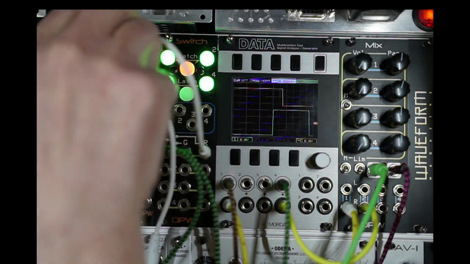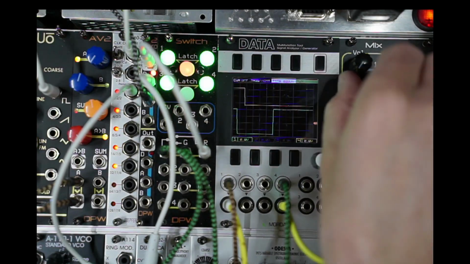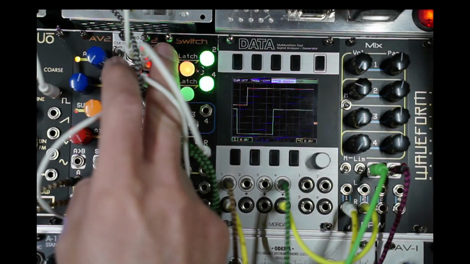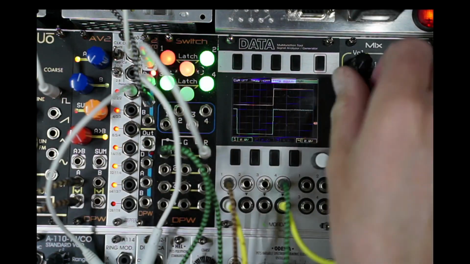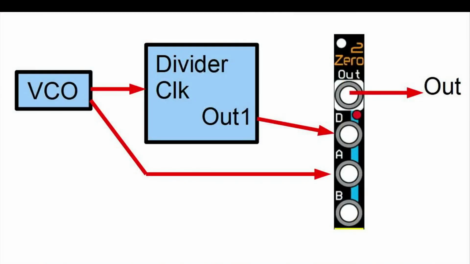Well, first of all, I'll just invert things so it looks better. I'll show you how connected it is as well. It is actually very simple. You have the VCO, the clean signal.